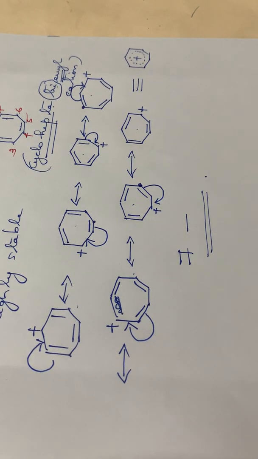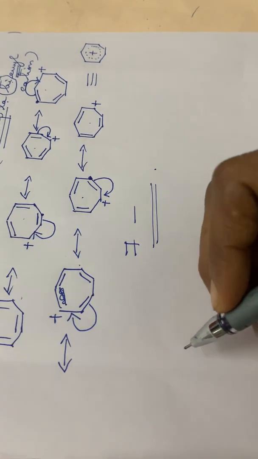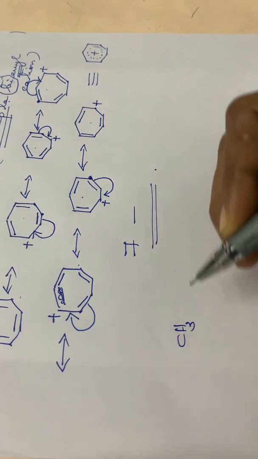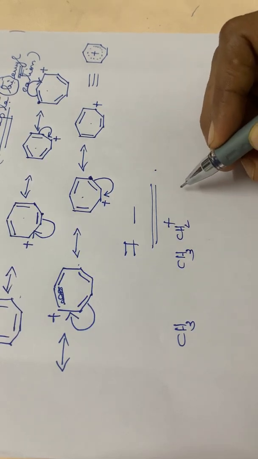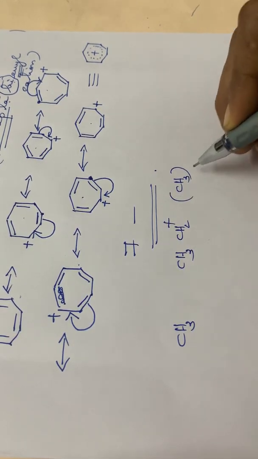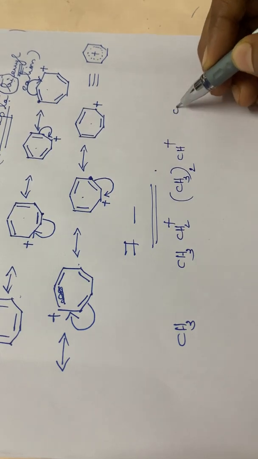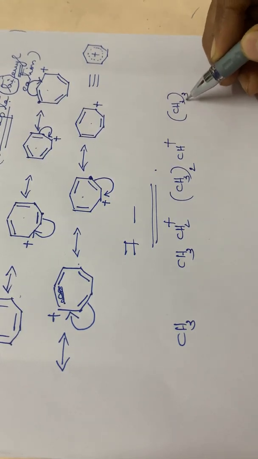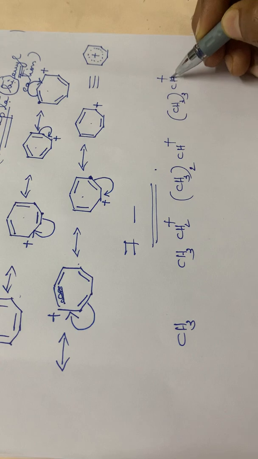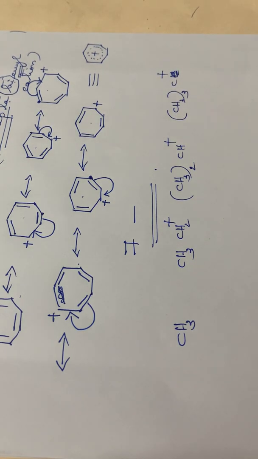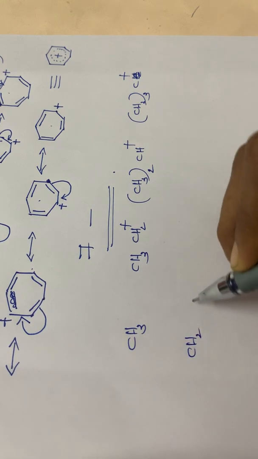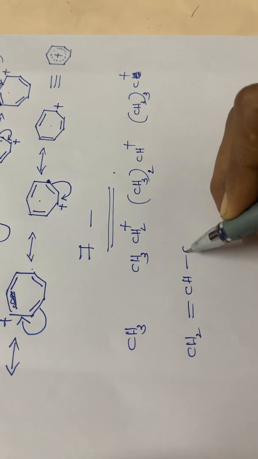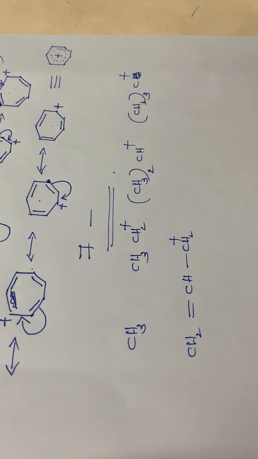See, in all the above compounds, we have discussed methyl carbocation, then ethyl carbocation CH3CH2+, then (CH3)2CH+, then (CH3)3C+. Then we have discussed allyl carbocation, isn't it? Allyl means CH2=CH-CH2, this is allyl carbocation.